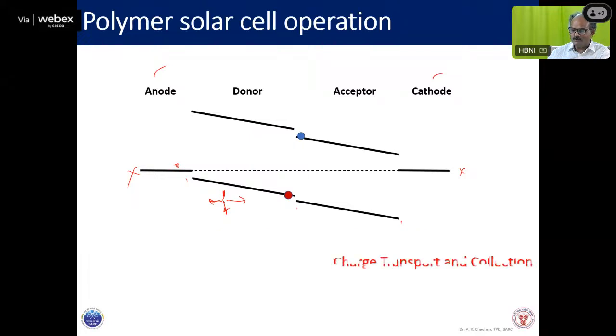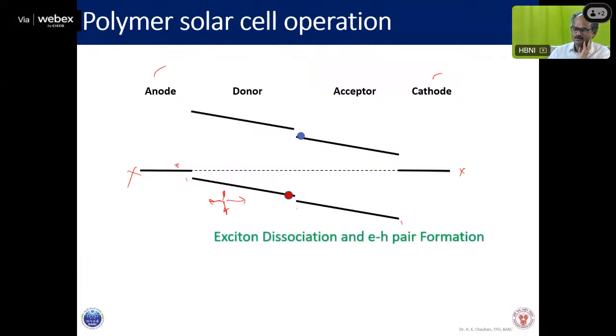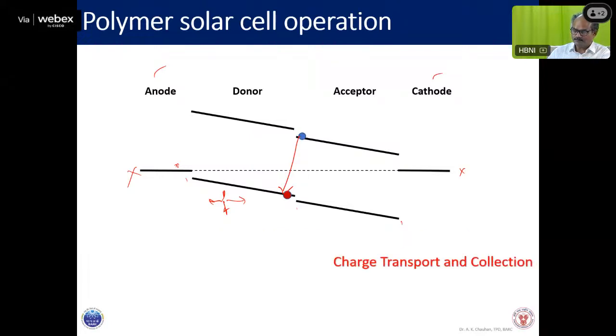So now they will move towards their respective electrodes, and once they reach the electrodes, which are connected to the external circuit, they will move in the external loop. Though they were separated here, there is a good possibility that they can recombine. This is called back recombination.